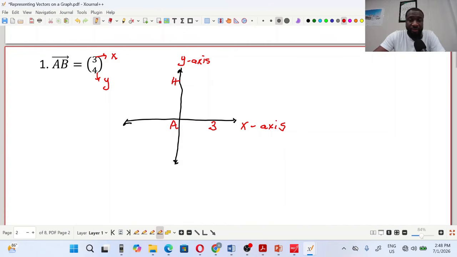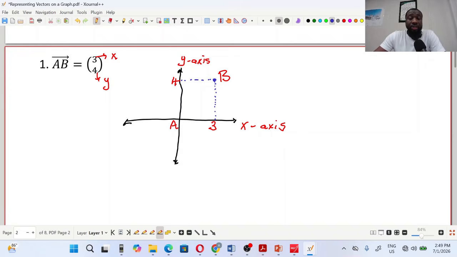You're estimating, 4. So our question is, if 3 is moving up, and 4 coming this way, their point of intersection is going to be our B. So basically the question is, if someone is at point A and wants to travel to point B, what will you say?